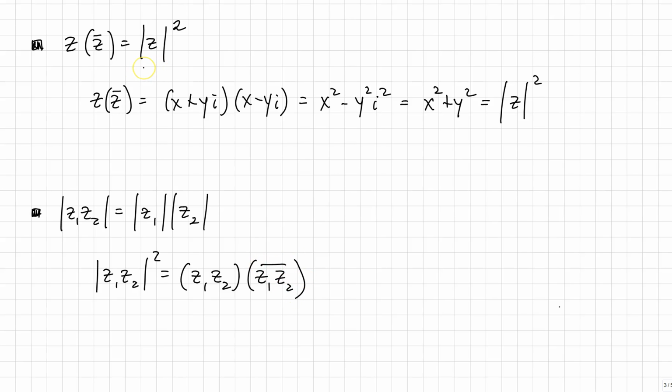That's just using the property right above it. So that would be z1 times z2, and we know that the conjugate of a product is the same thing as the product of the conjugates. And then a quick rearrangement.